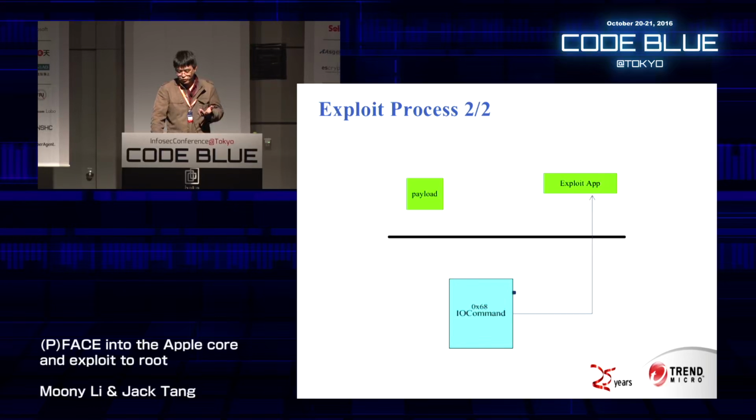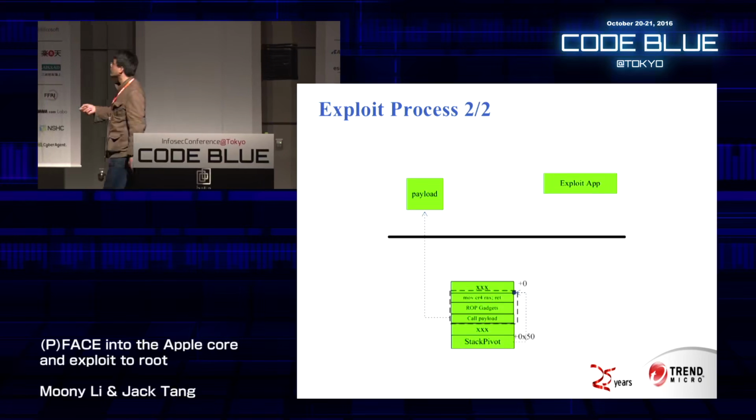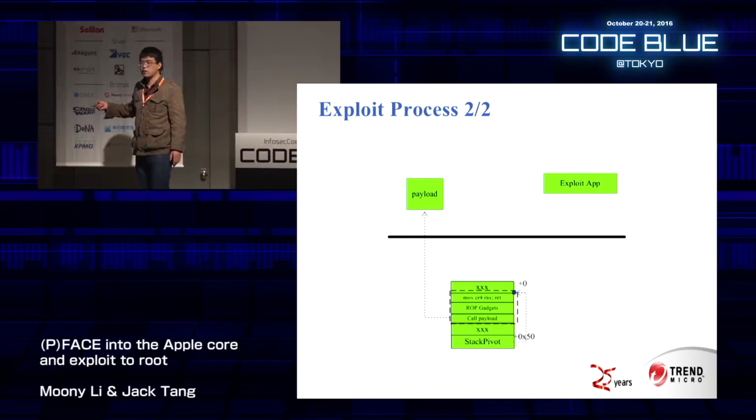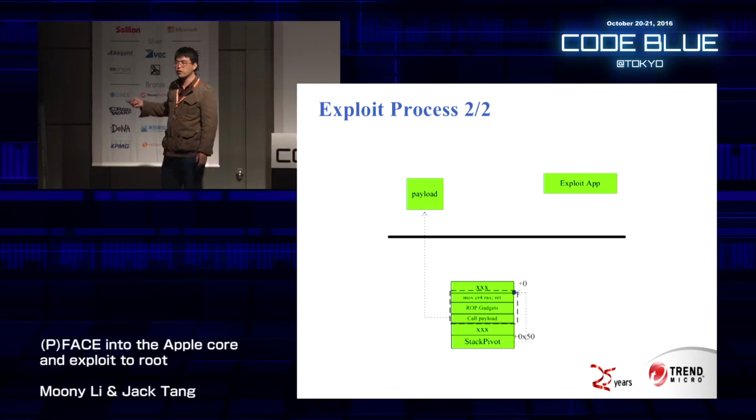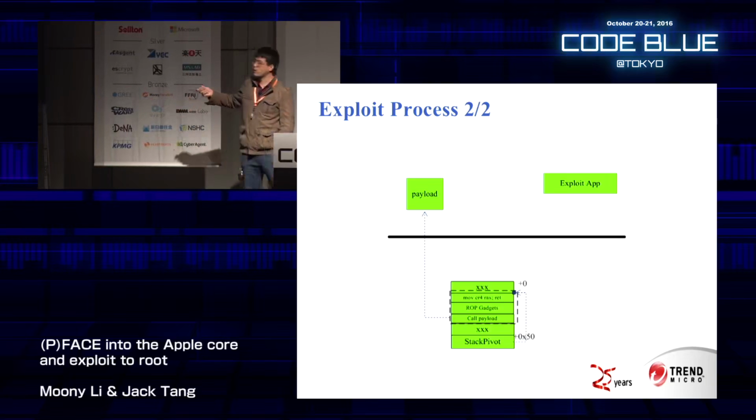And then we will free the IO command buffer and occupy it using OS data. The OS data contains such data which are specially designed like this: stack pivot, ROP chain, and the payload.